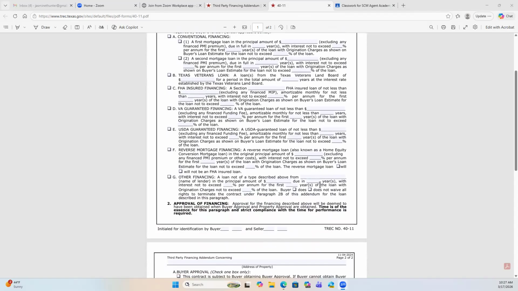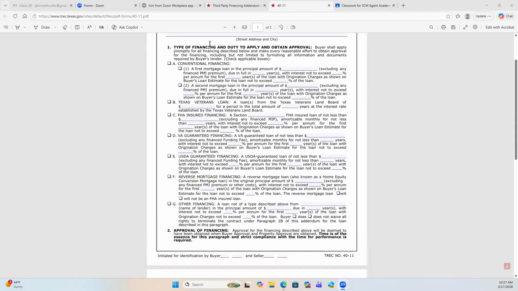What those loan terms are, the interest rate, how much the loan origination fee is going to cost, how many years the loan is going to be in place. All of those questions are what you're answering in all of these boxes. Now, the beautiful part is that you can only pick one of the boxes. So if I'm going to say that my client is using a conventional loan, then B through G is left blank because I'm only using the conventional loan boxes, which are just this section right here.